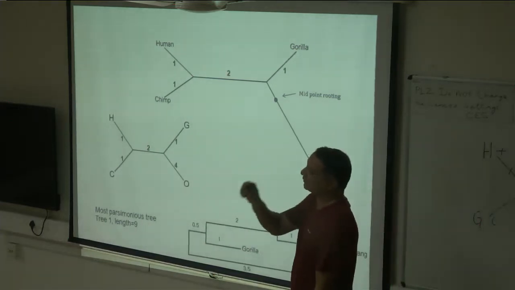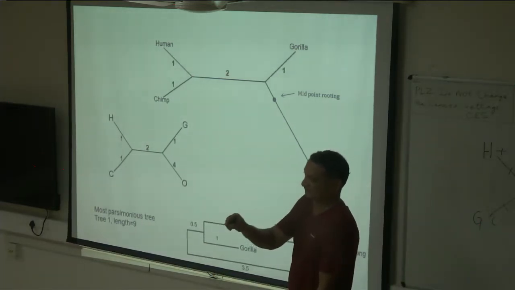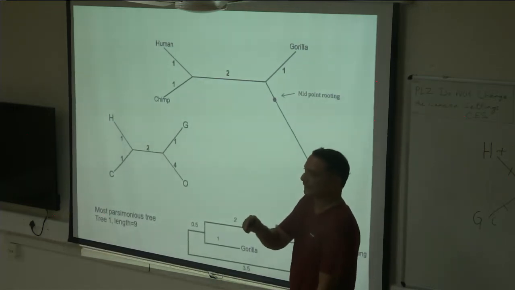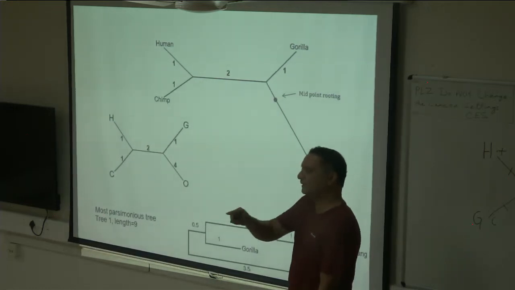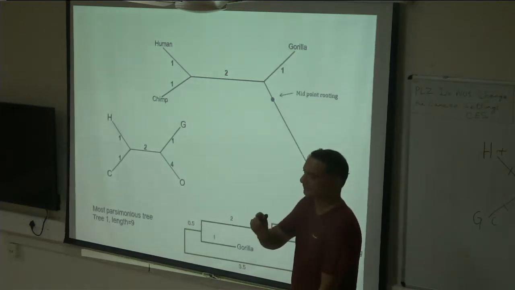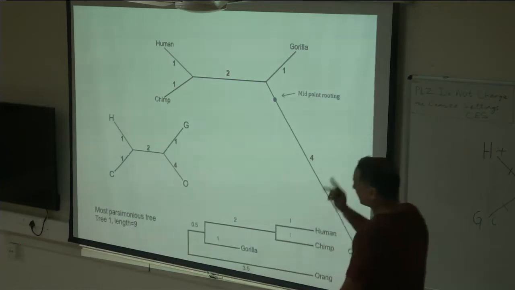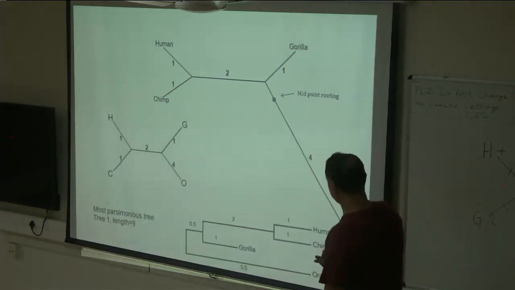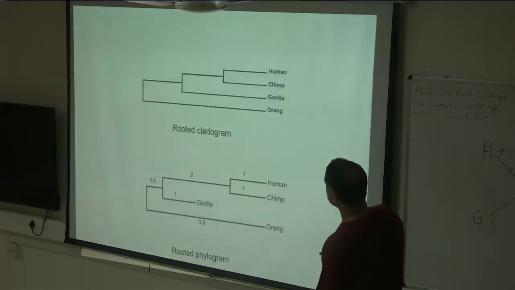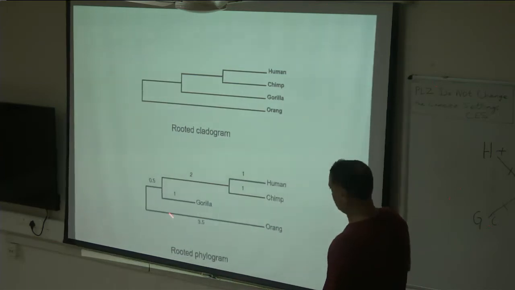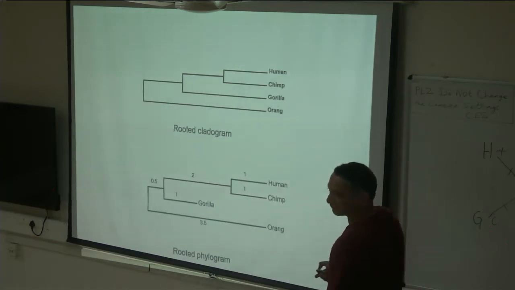But if you actually want to reconstruct the ancestral sequence, which you can do, then these equally parsimonious scenarios become problematic, right? There you can use other tricks to figure out what is the exact one.